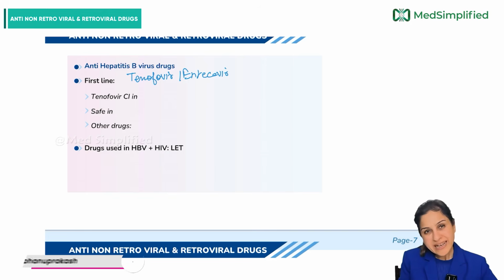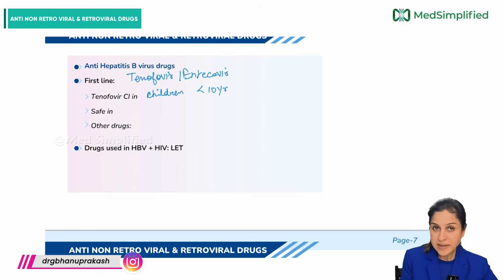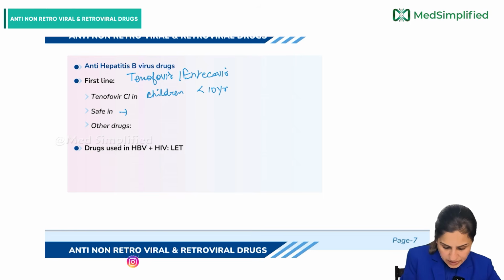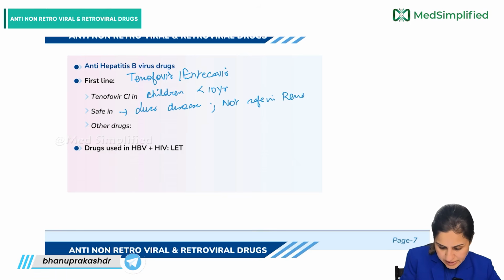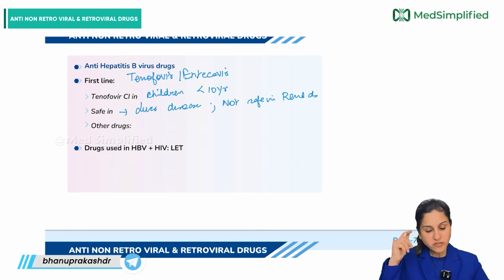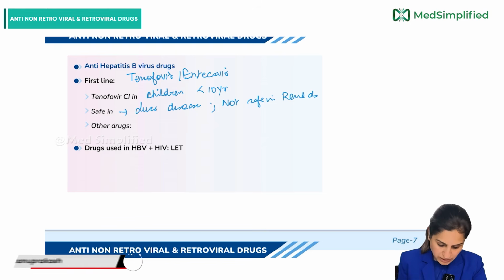Tenofovir is contraindicated in children less than 10 years, and they are safe in liver disease, right? But not safe in renal disease. Now, tenofovir, if given for a long term, has a problem of causing bone marrow depression. So that's why we avoid it in children as well.